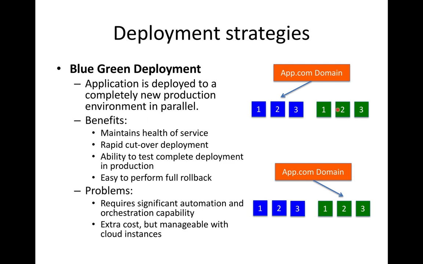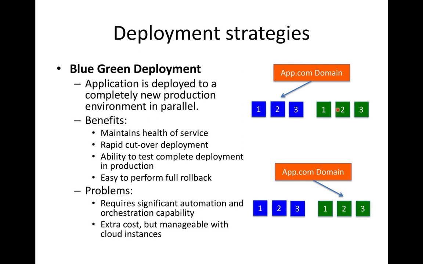But in the cloud, as you know, it's not as expensive, right? And we don't necessarily need to keep both our blue and green resources up and running at all times. We can keep them both up and running when we want to make a migration or upgrade all our code.